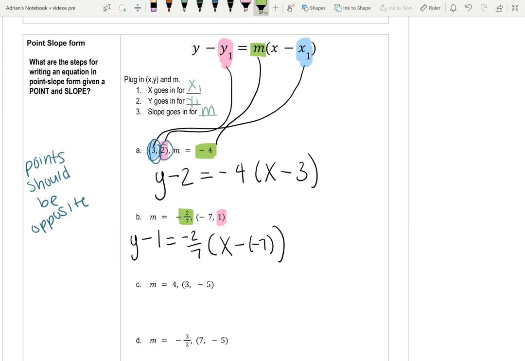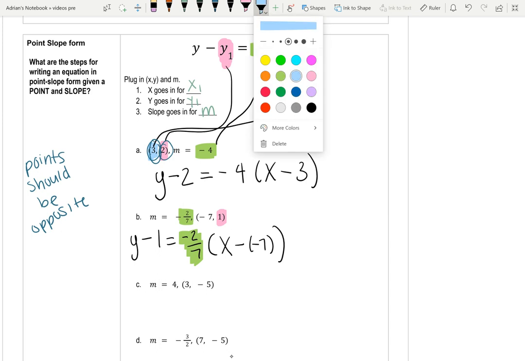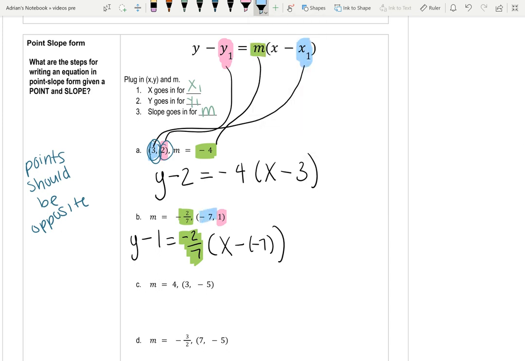I'm going to go ahead and highlight this so we know where we're at too. Okay, there we go. So I need to rewrite this to make this a plus sign. So instead, I'm going to have y minus 1 equals -2/7, and then in parentheses, x plus 7.